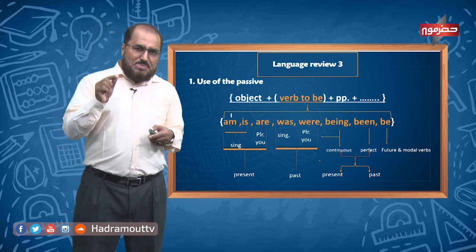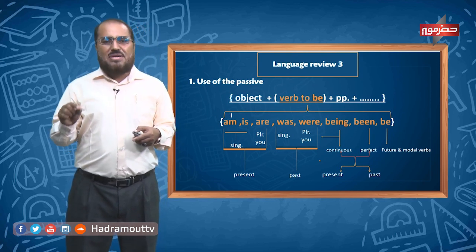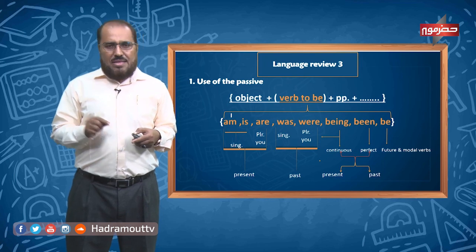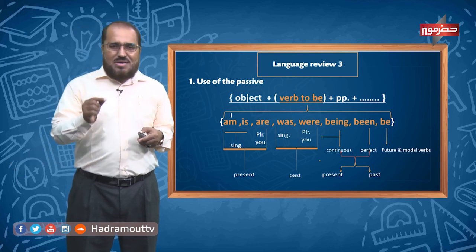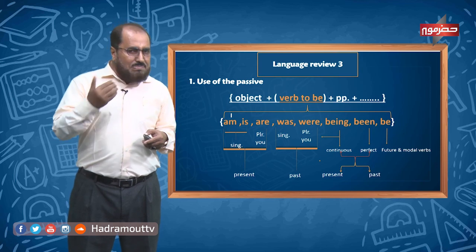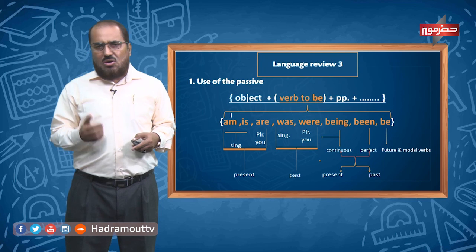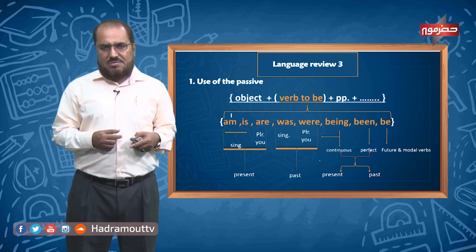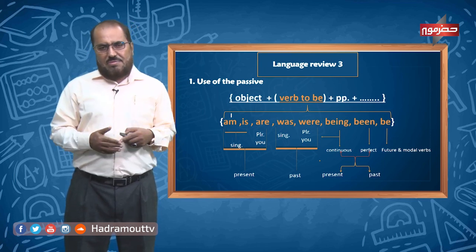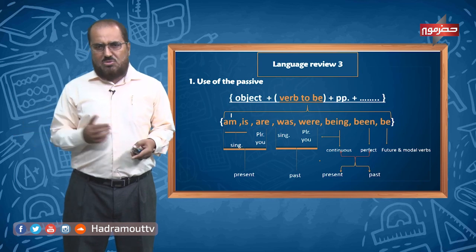Also, been can be used with the perfect, present perfect or past perfect. Have been, has been, that's for present perfect, or had been for the past perfect. Then, as I said before, be is used with the future and other modal verbs.